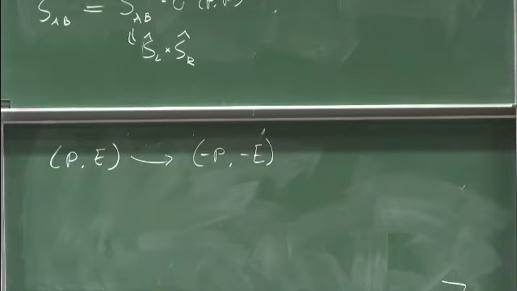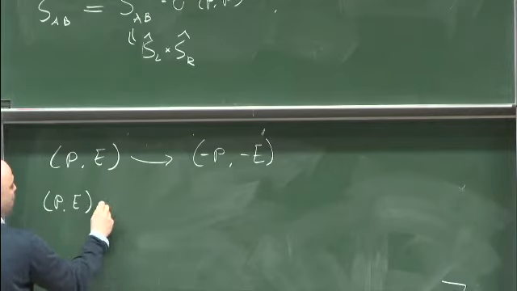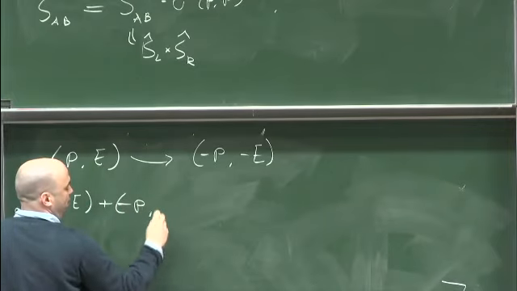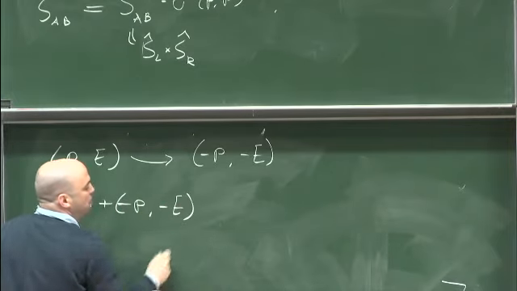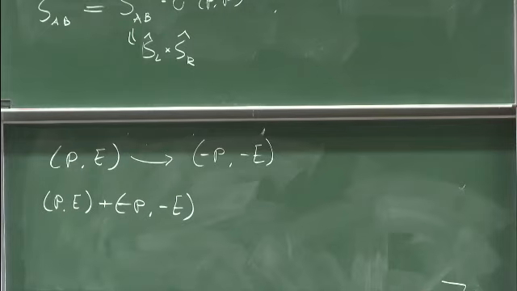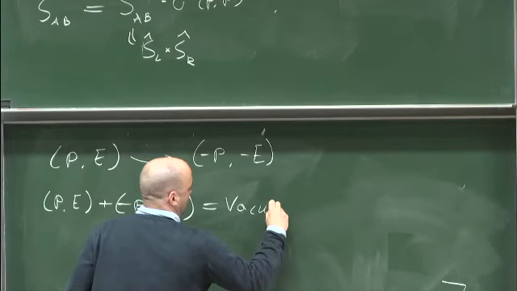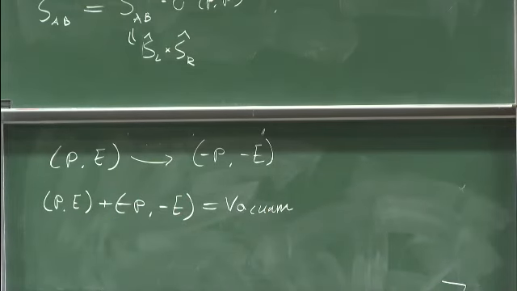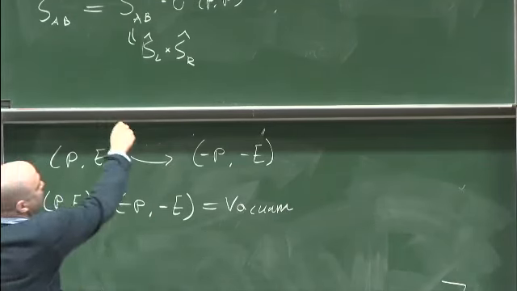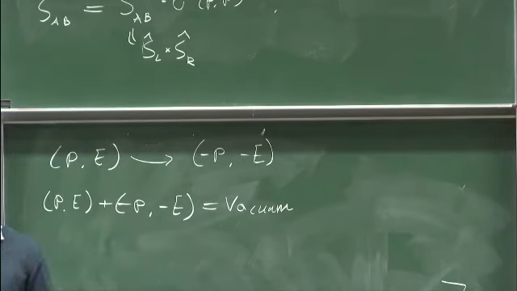The crossing equation means that if we have a particle with momentum p and a cross particle which has exactly minus energy E and minus momentum p, this is the same as having nothing. This is the same as the vacuum. And the crossing equation is the condition that such a pair of particles scatter trivially with any other particle. So this allows us to fix this, what is called the dressing phase, this last missing piece of the scattering matrix.